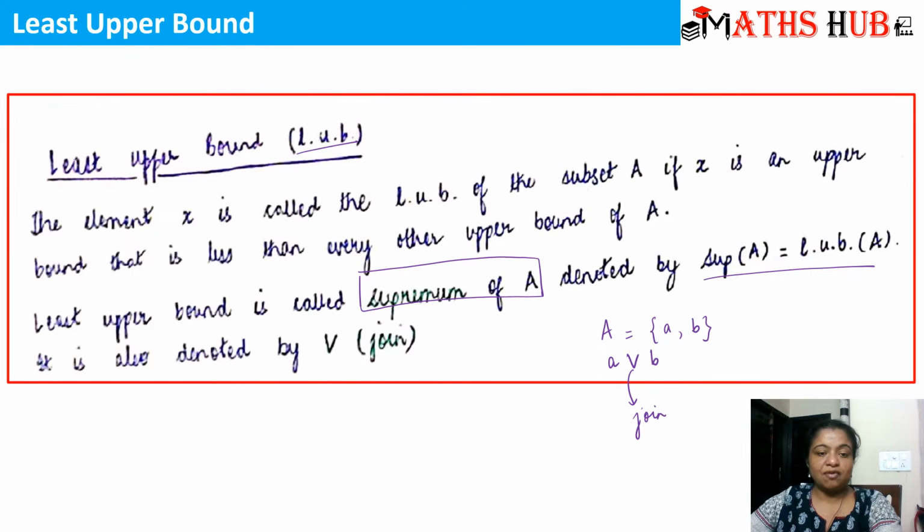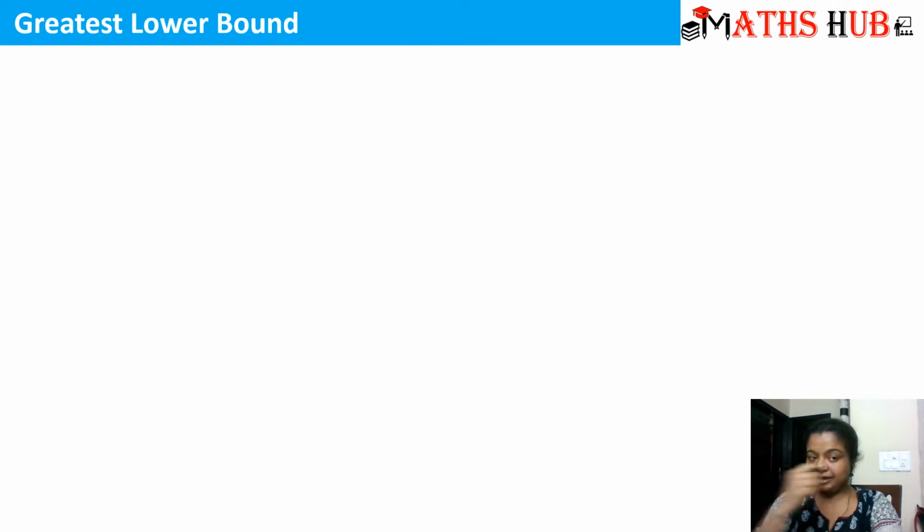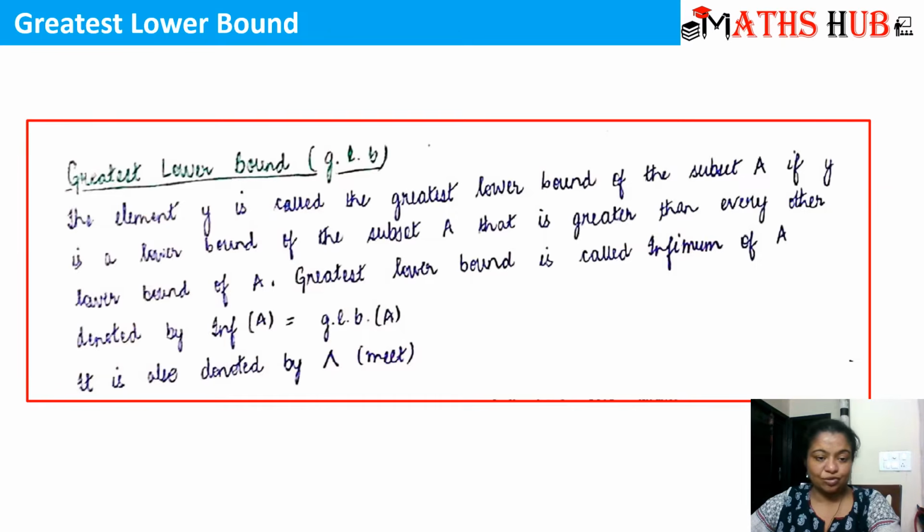So now let's move on to the definition of greatest lower bound. Again, from the words greatest lower bound, it means that from the lower bound set, we have to choose the greatest among all the lower bounds. So let's come to the formal definition of a greatest lower bound. A greatest lower bound is also denoted by the symbol GLB.